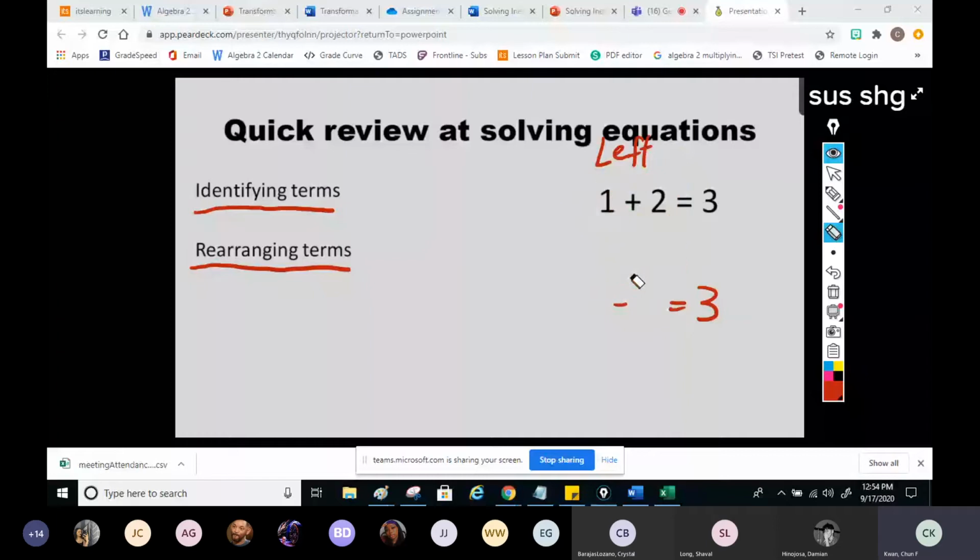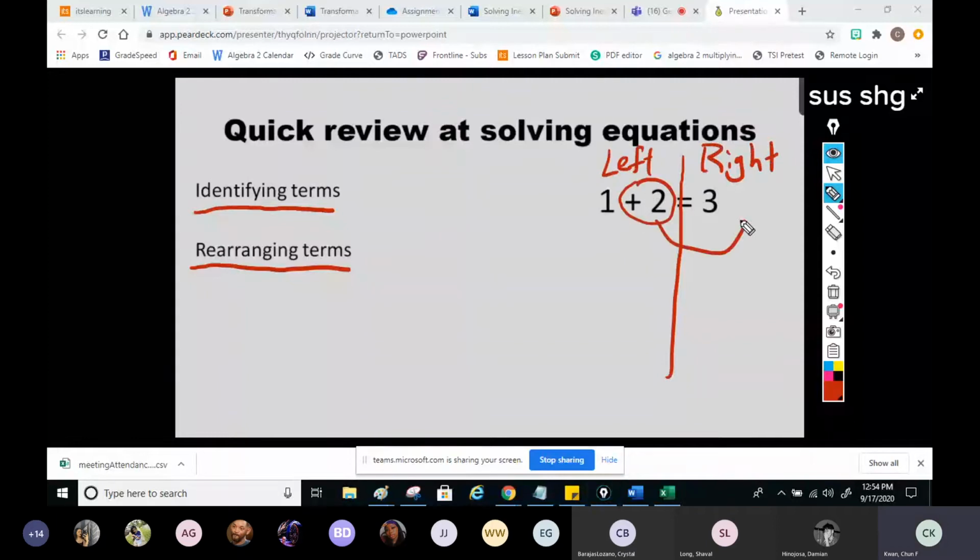All right, and then one last thing I want to talk about: if you want to move a term to the other side, doesn't matter which term, okay? Let's just say you want to move the +2 to the right. If you want to move it to the other side, you're going to have to do the opposite of what you see right here.